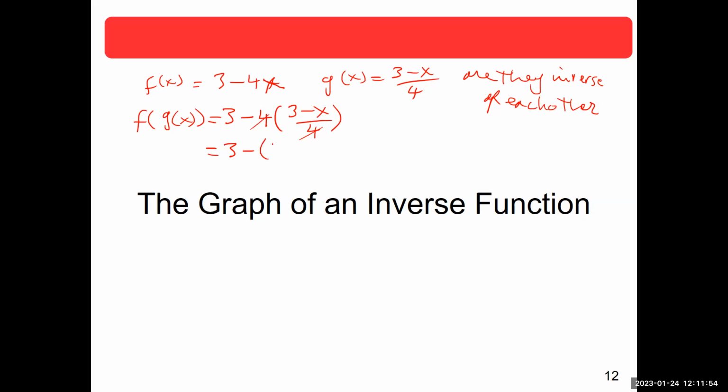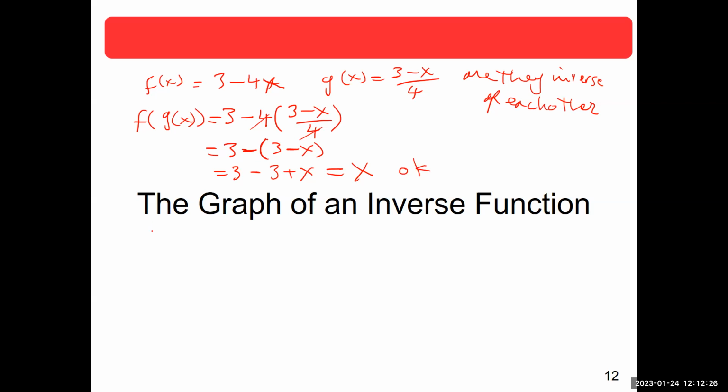Then we have 3 minus, and we move the negative inside: 3 minus 3, negative times negative is positive x. Don't forget those parentheses, please, guys, otherwise we'll make a mistake. Now, 3 minus 3 is 0, leaving x. Okay, we got the first one correct.